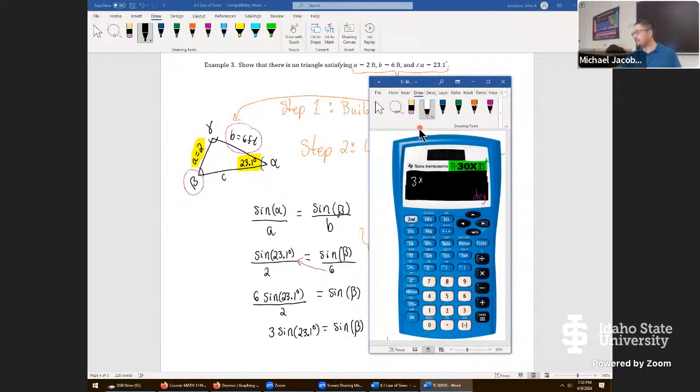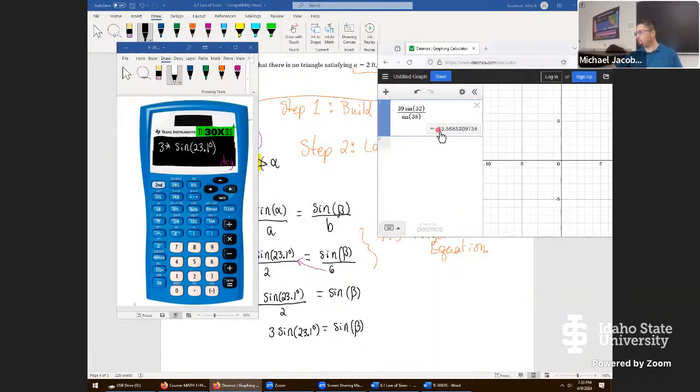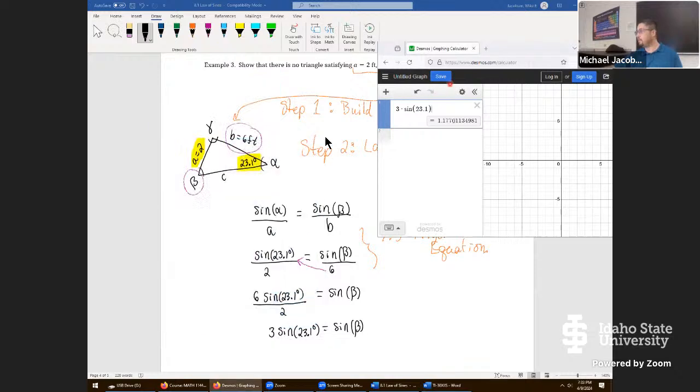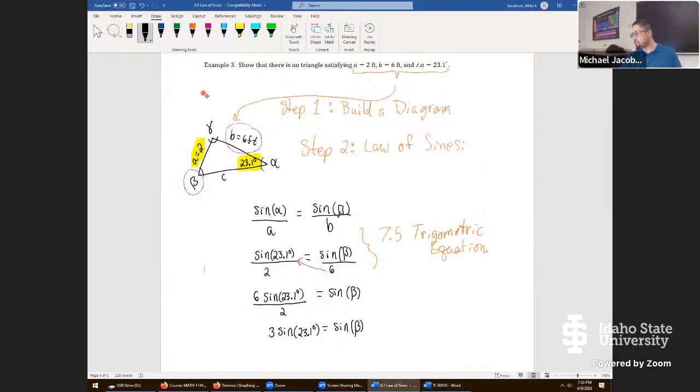Let me try again. 3 times sine 23.1 degrees is all you'd have to put in. So now for my calculator that actually works, this would be 3 times sine 23.1 degrees. And I get a measurement of about 1.177. I'll keep the 3 decimal places. So 1.177 equals sine beta.